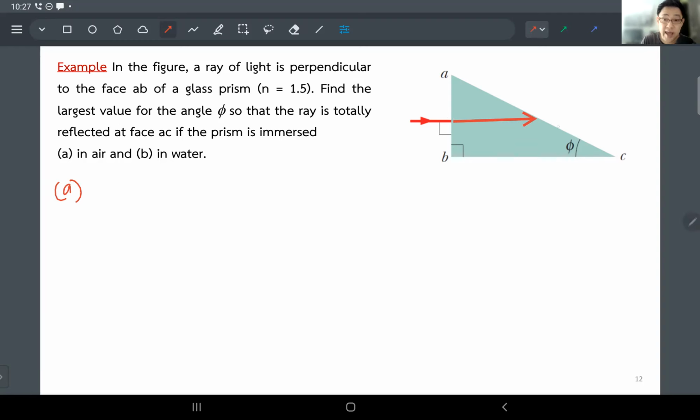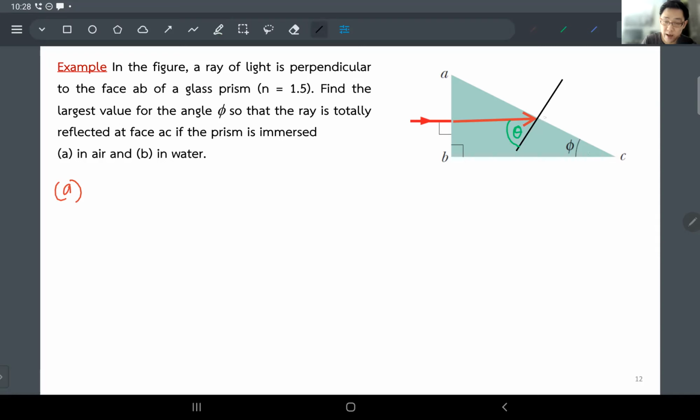Now, when you hit the AC interface, you're going to start to have some refraction there. First things first, I'm just going to draw a normal line right there. That's a black line. Now I can assign a regular angle over here. Let me call this angle theta, because the apex angle of the triangle is given to be phi, so I think I'm safe to use theta here. Then you can expect to get refraction out of this.